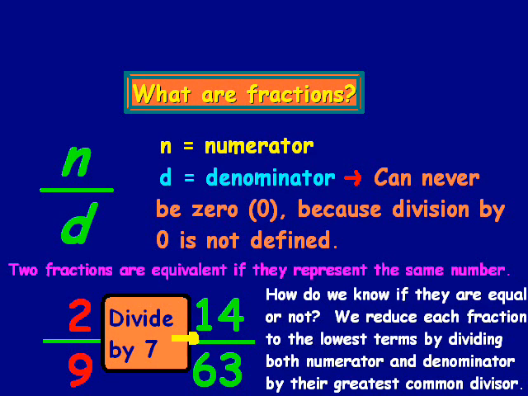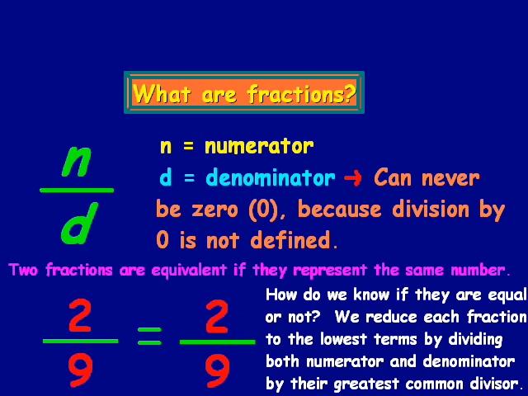So 63 divided by 7 is 9, and 14 divided by 7 is 2, so we write this as 2/9. In this case, these two fractions are equivalent and they represent the same number. What we basically have to do is divide both the numerator and denominator by the greatest common divisor, and then determine whether or not they're equivalent.